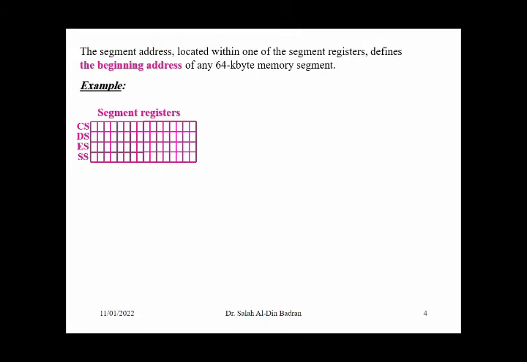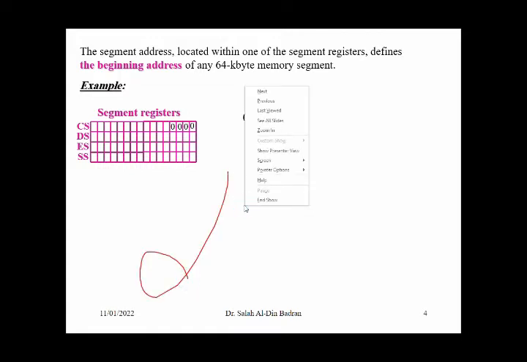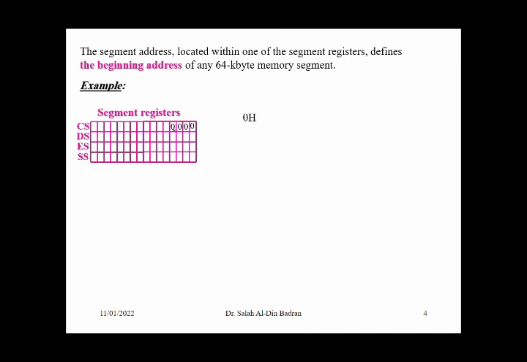These are the 4 segment registers. If we have this nibble 0000, in hexa 0, and another 0000, so now we have 1 byte, 00 in hexa, 1010, which is A in hexa, and this 0100, 4 in hexa.